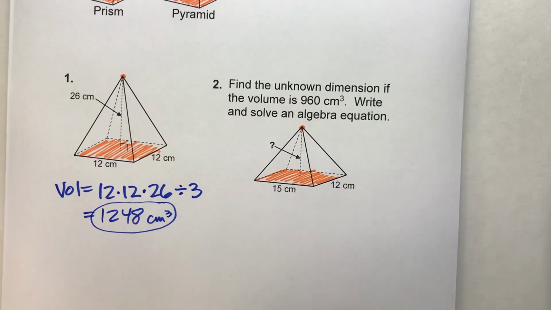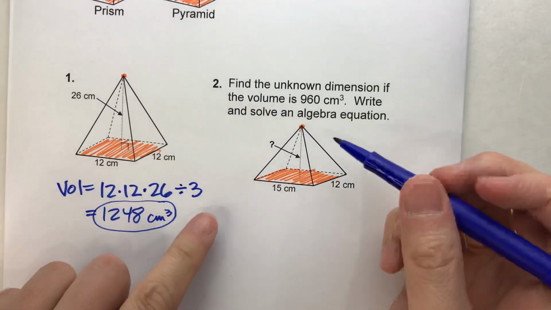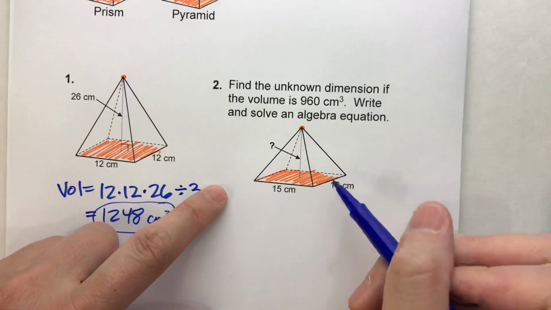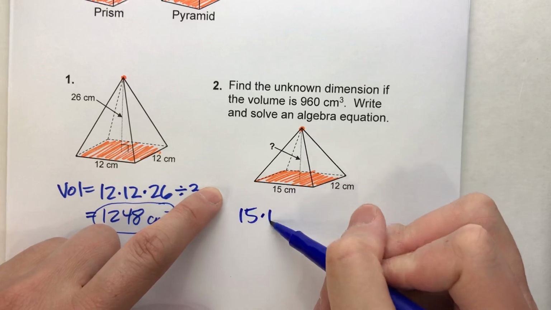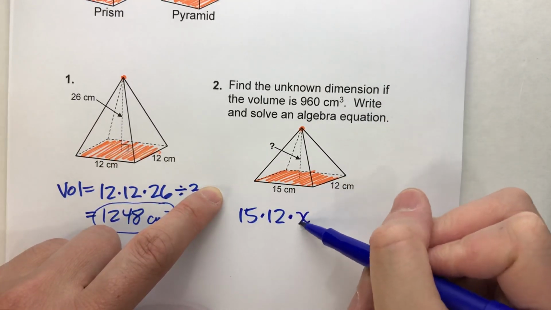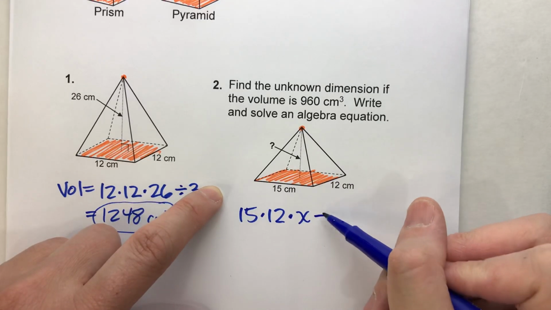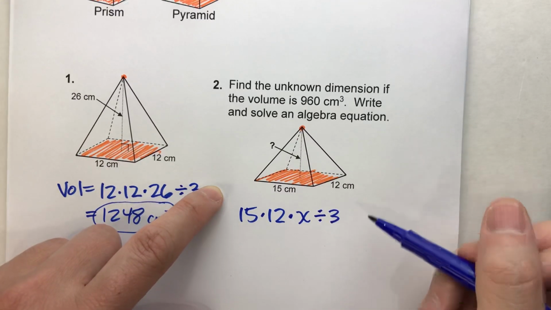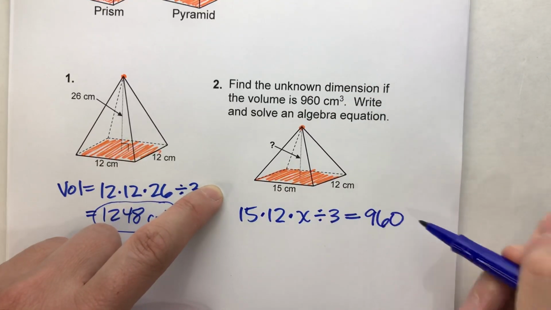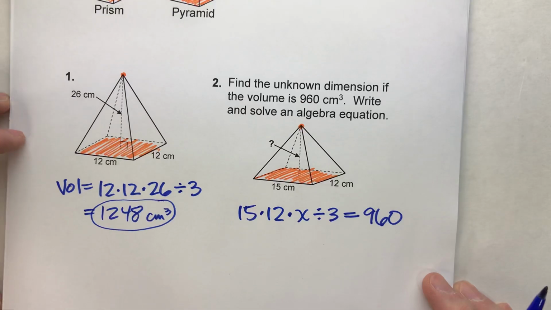But we're going to set up an algebra equation to figure out what that height is. So the volume formula for a pyramid, area of the base, 15 times 12, times the height, which we don't know, I'll call it x, and then divide by 3. And that should equal our volume. And in this case, the volume they tell us is 960. And that's my equation that I'm going to work with.